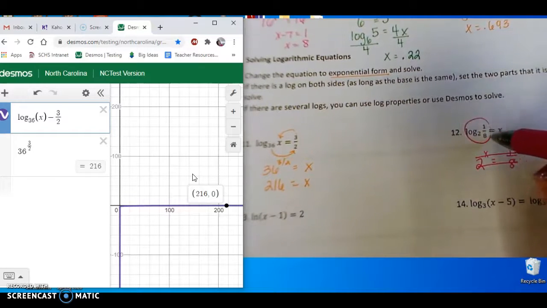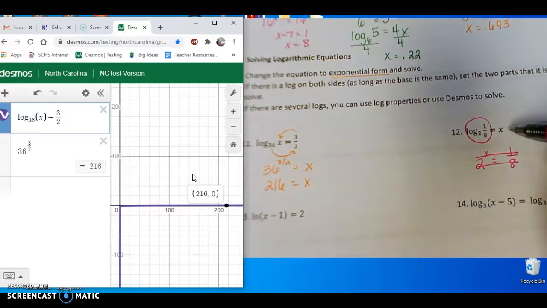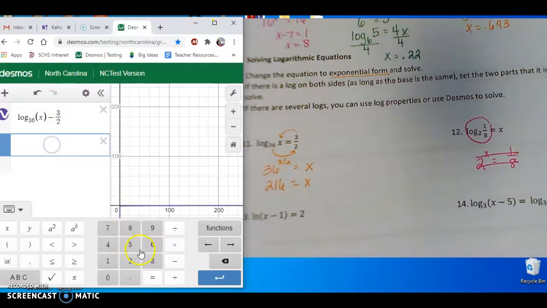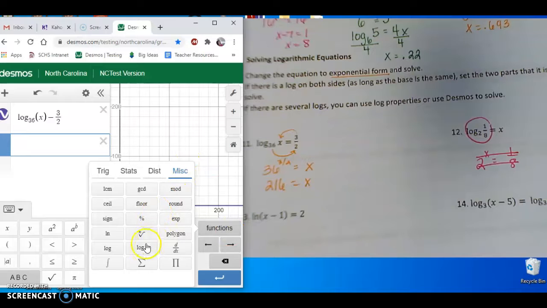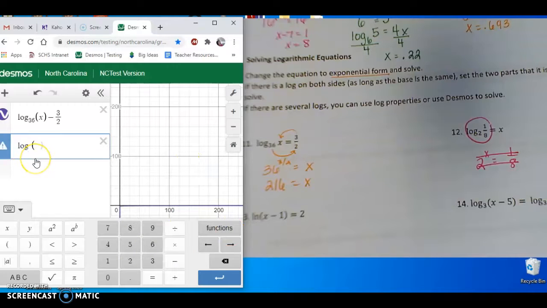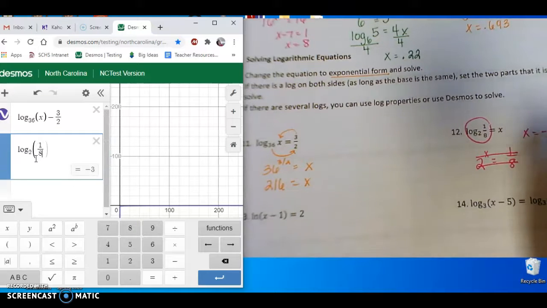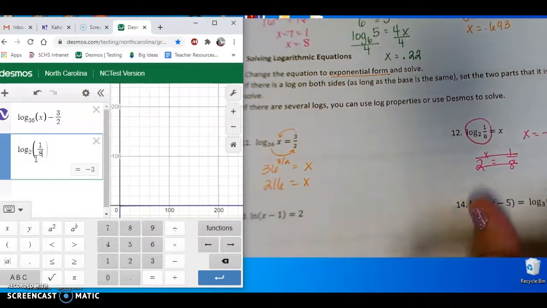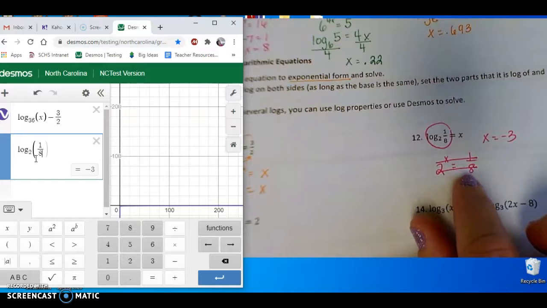I just need to put that in Desmos because that's what x is, and x is what I'm looking for. So I should have paid more attention there, but I didn't. So all I'm going to do here is functions, miscellaneous, log, base 2 of 1/8, and you get -3. And so I don't want to write it in exponential form because that's not going to help me solve it. Okay.